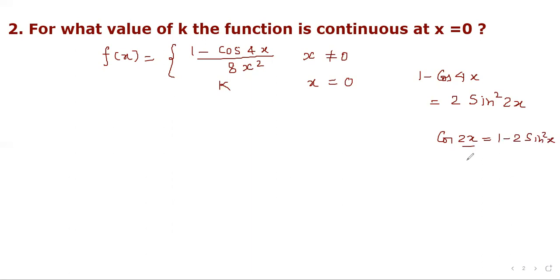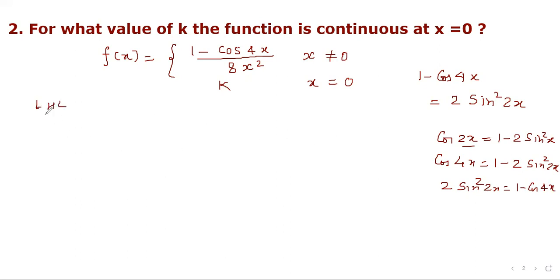If you make this angle 4x, then it will become cos 4x, which is 1 minus 2 sine square 2x, from where one can get 2 sine square 2x equal to 1 minus cos 4x. So for LHL and RHL purposes, we have to take this value.